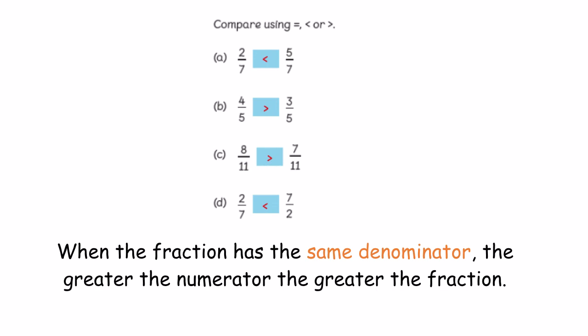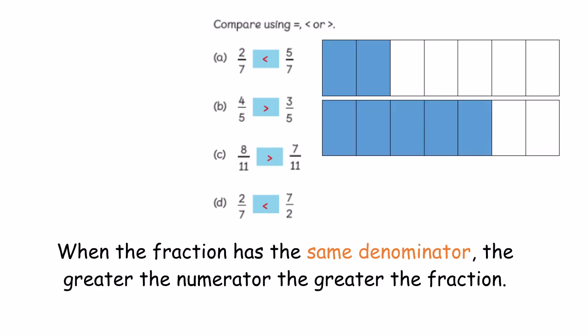5/7 has the greater numerator. 5 is bigger than 2. So I have said that 5/7 is the bigger fraction. Let's check to see if I am correct. The top bar has been split into 7 pieces and 2 of them are shaded. That shows us 2/7.